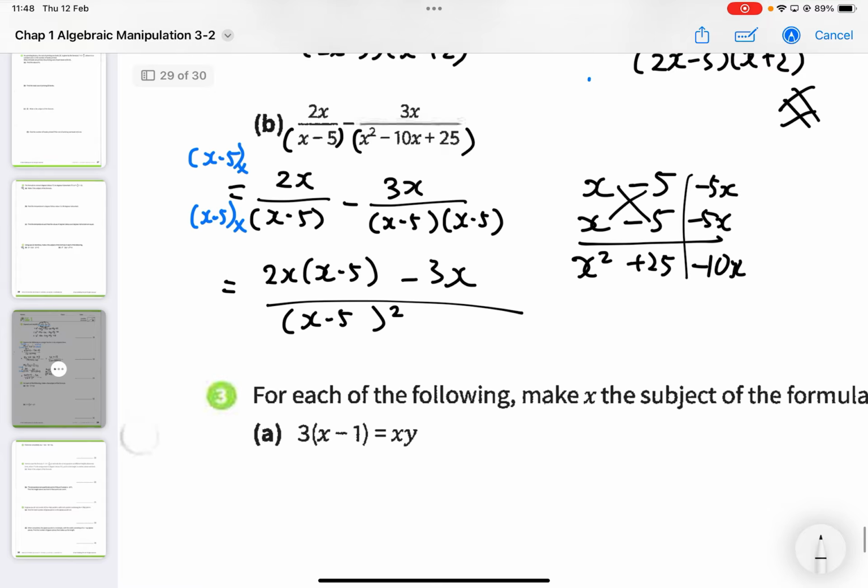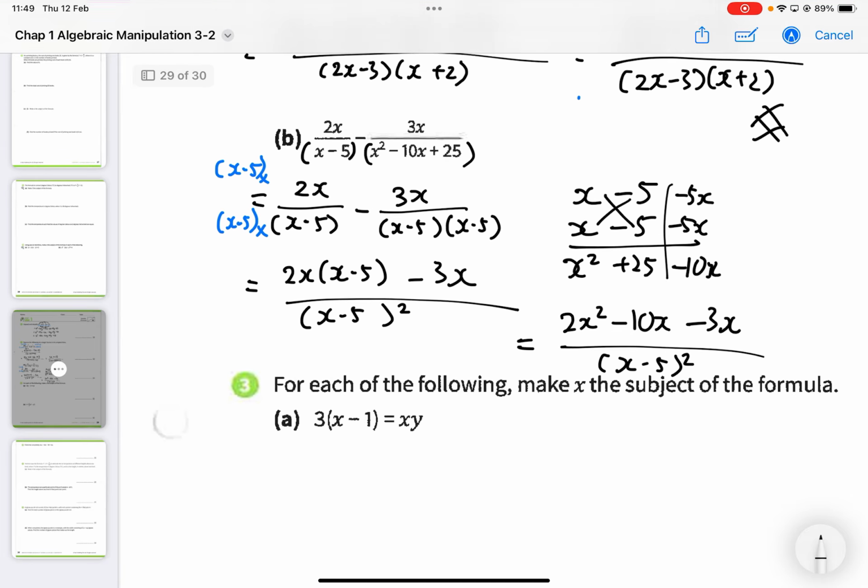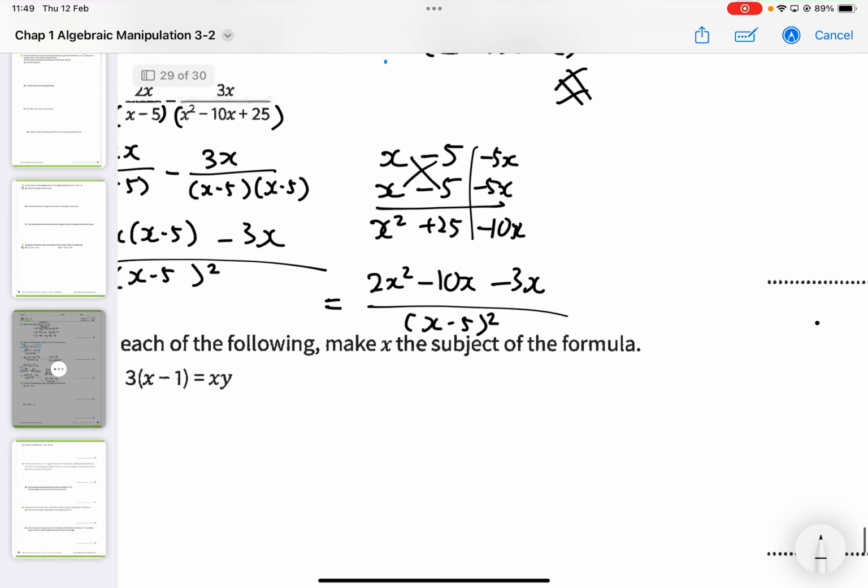Okay? Then I need to simplify further. Do my expansion. Then simplify further. 2x squared cannot simplify already. Minus 10x minus another 3x. Altogether minus 13x.